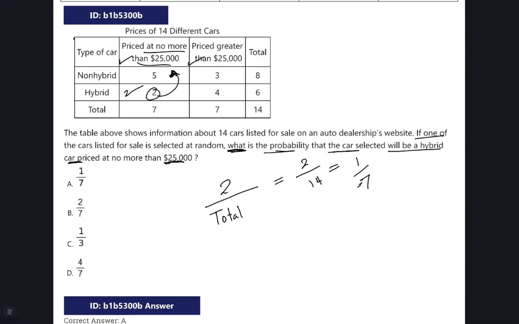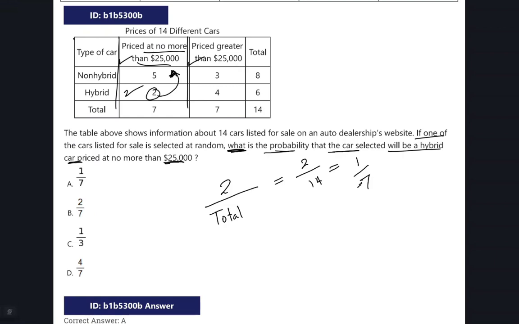The reason that I haven't limited it to that column is that we are choosing a car that is a hybrid and limited to a price that is no more than 25, that doesn't exceed 25,000. So the car that has been chosen is between non-hybrid or hybrid.